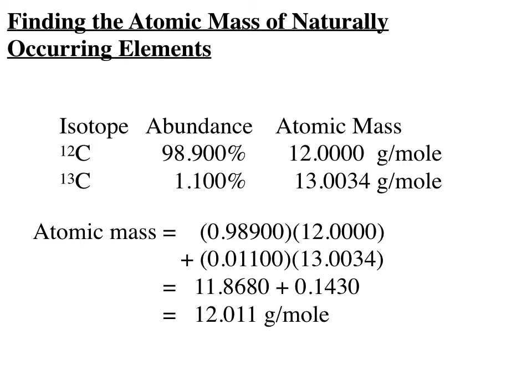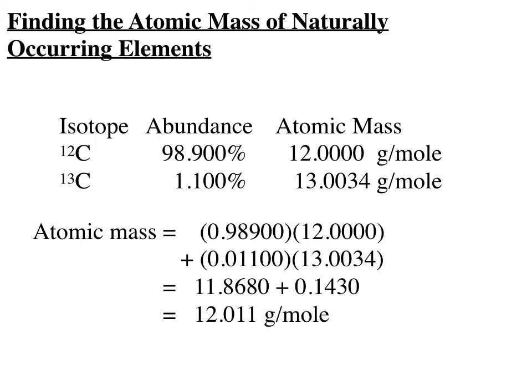So what I will do, quite simply, to find the average mass of what I'm scooping out of the ground, I will take the relative abundance in a percent form and convert it to decimal by dividing by 100, and then multiply that decimal times the molar mass of that particular isotope. So 98.900% of them are exactly weighing 12 grams.